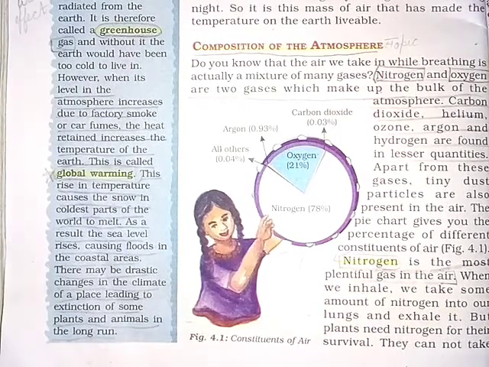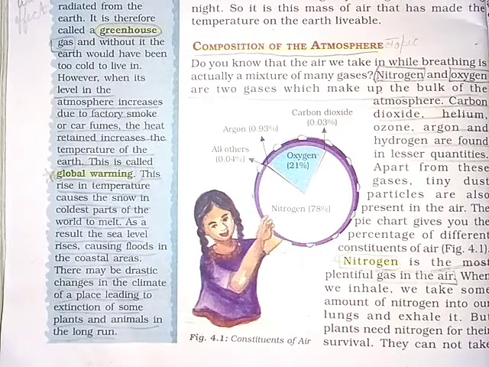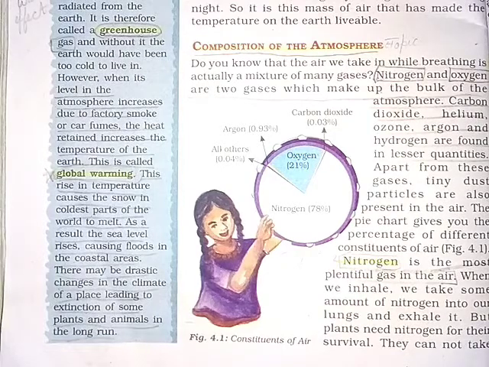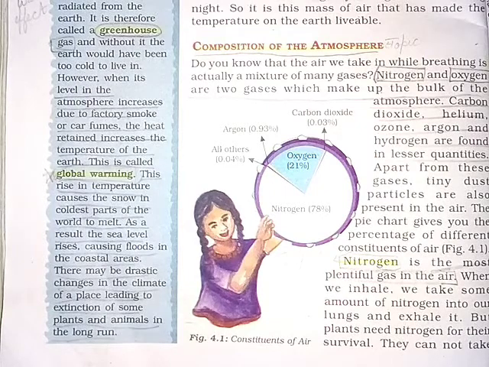Carbon dioxide, helium, ozone, argon, and hydrogen are found in lesser quantities. Apart from these gases, tiny dust particles are also present in the air. The pie chart gives you the percentage of different constituents of air.